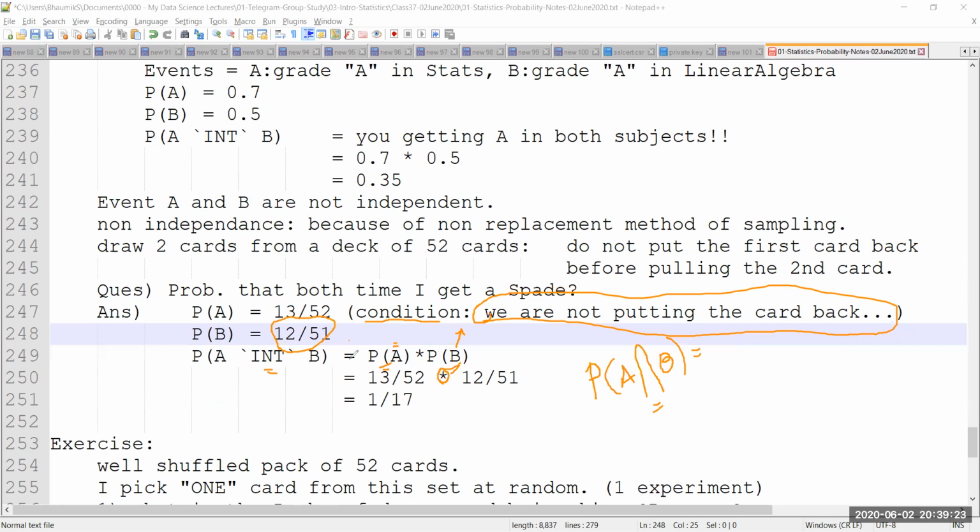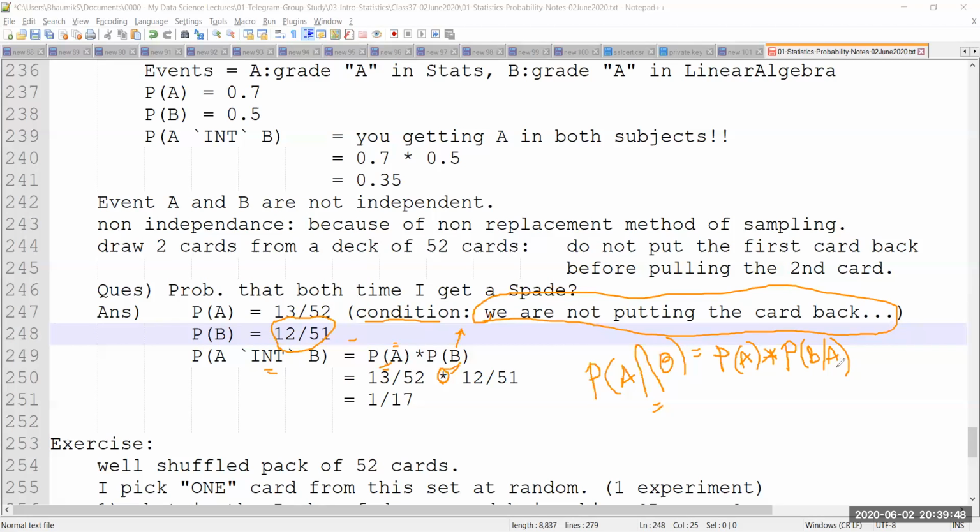This number will again be 13 by 52 if I put the card back. So a better way of representing this is, rather than multiplying the probability of A into the probability of B, I multiply the probability of A with the probability of B, given I have done the activity which was there in A.